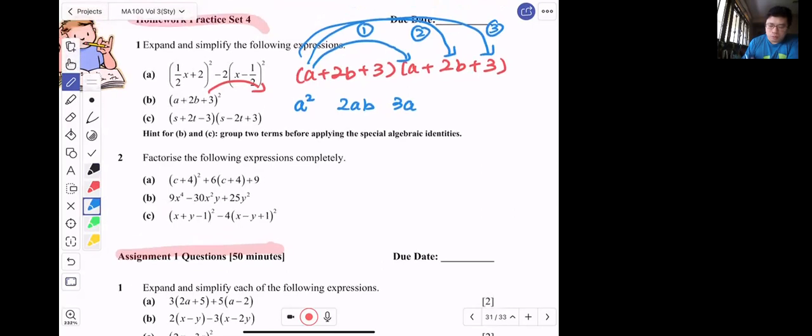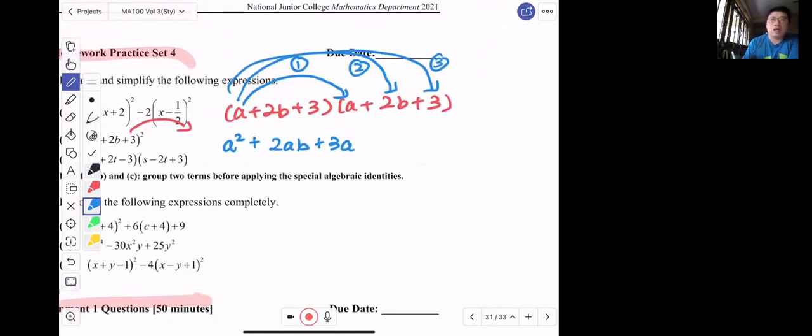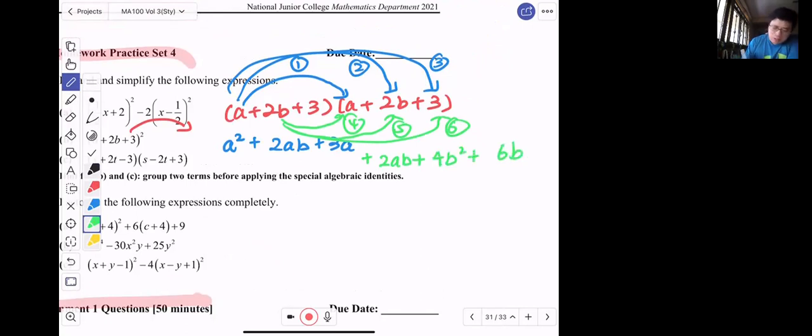All those in blue are just me multiplying the first term. Now I use green color. Arrow 4, arrow 5, arrow 6. Arrow 4 will give me plus 2ab. Arrow 5 will give me 4b squared. Arrow 6 will give me 6b.